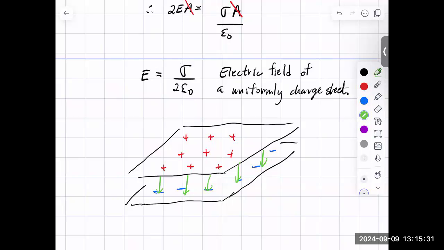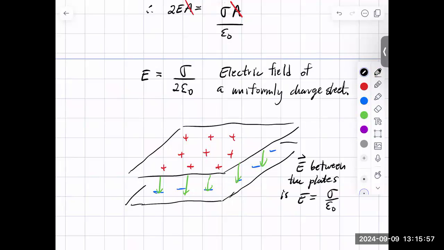We have two contributions of sigma over 2 epsilon naught. If we add them up, that factor of 1/2 goes away, and the electric field between the plates is E equals just sigma over epsilon naught.